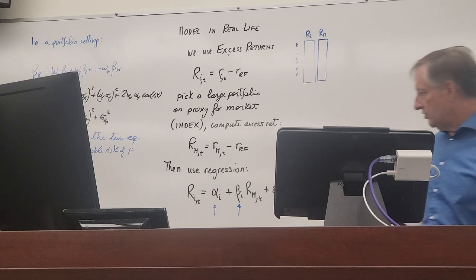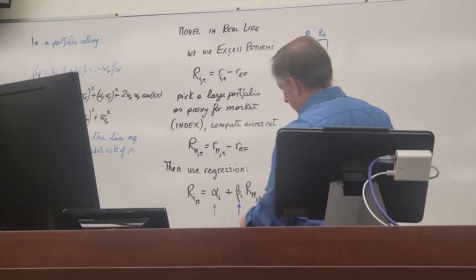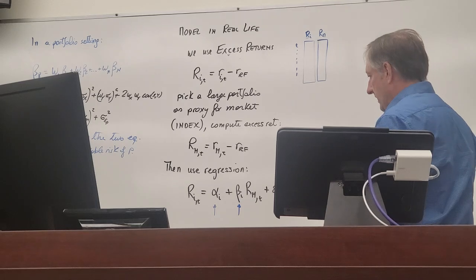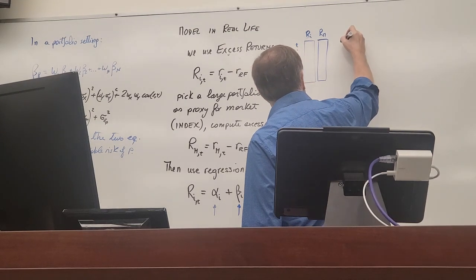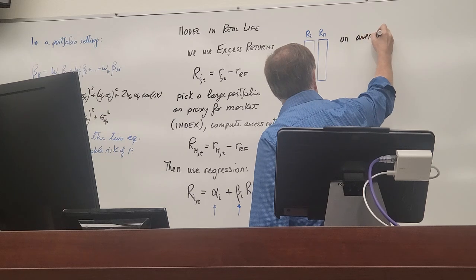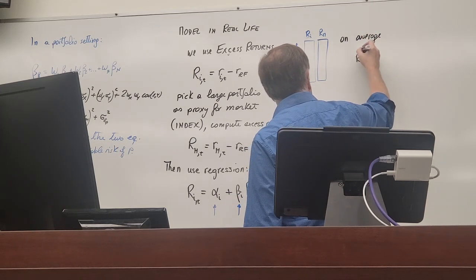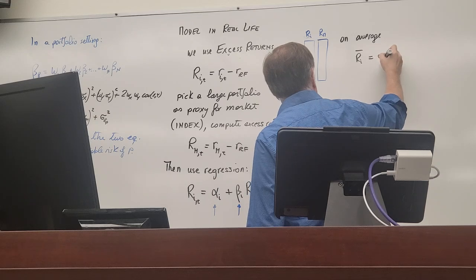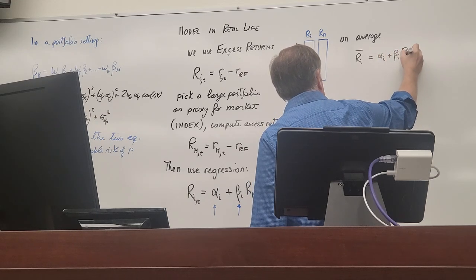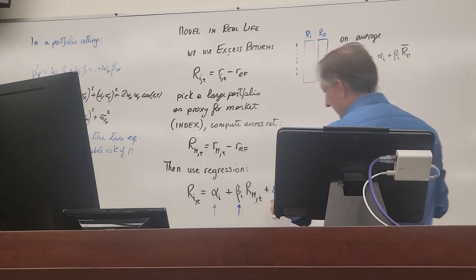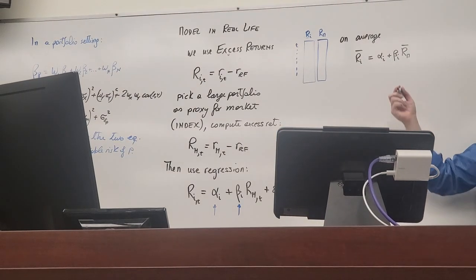Now, if you do an average of all those subset equations that you can create in here, on average, you will have that the average return of i is equal to that alpha plus the beta of i times the average return of the market. And what is the average of the error? Zero. This is actually true when you're dealing with regression.